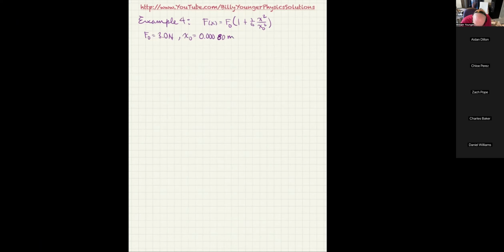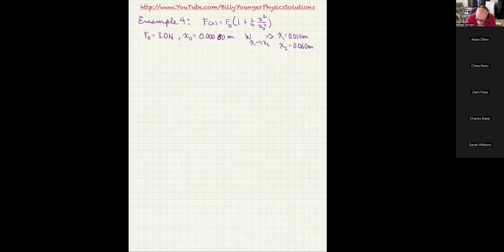Now we're going to calculate the work done in going from x1 to x2, where x1 is 0.010 meters and x2 is 0.60 meters.